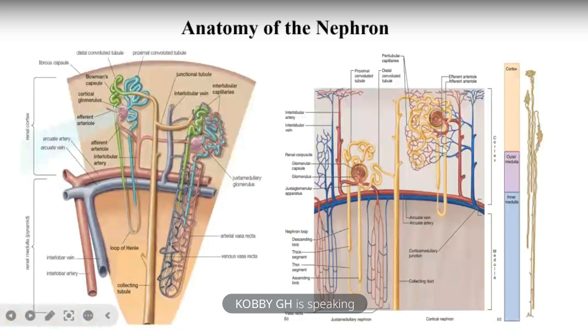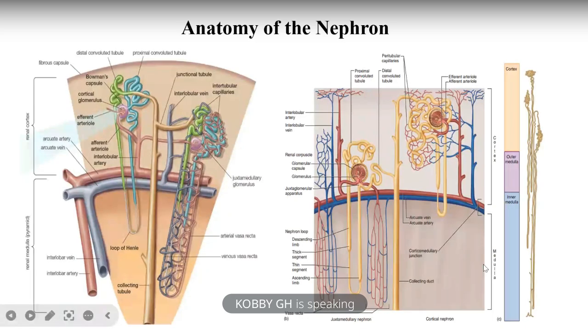Unlike the cortical nephrons, whose loop of Henle barely dips into the medulla. This area from here down is the medullary region, and you can see that the cortical nephrons' loops of Henle are very short, barely reaching the medullary region of the kidney.